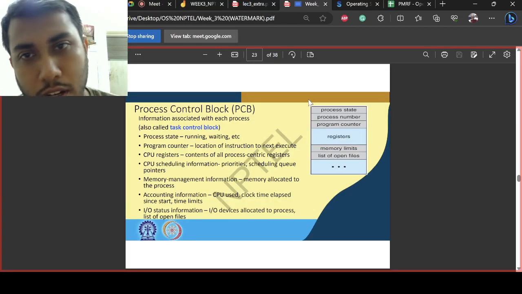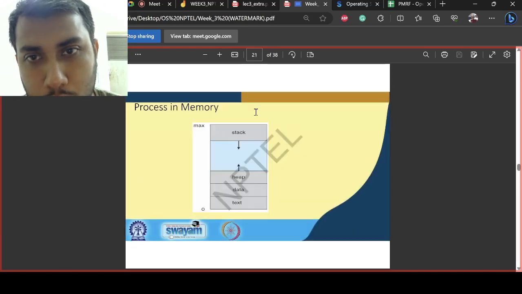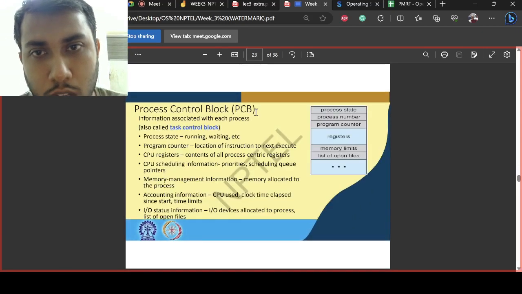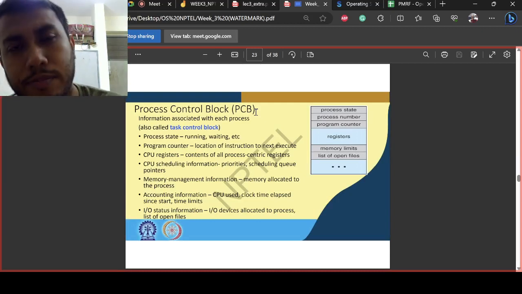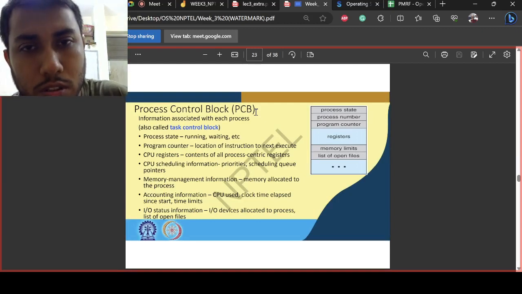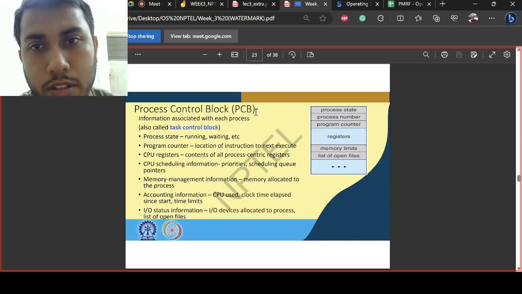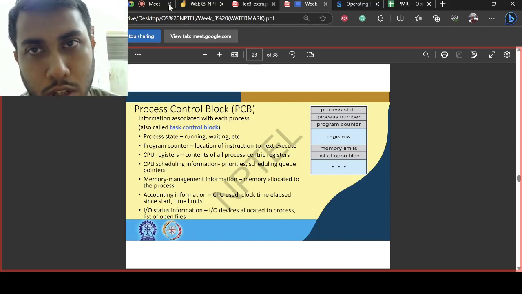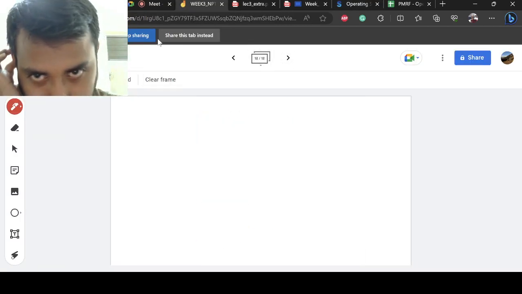Now we need to understand what this process control block is. Consider it like a table. Let's say it's a process table, called P table, and let me just draw it once.